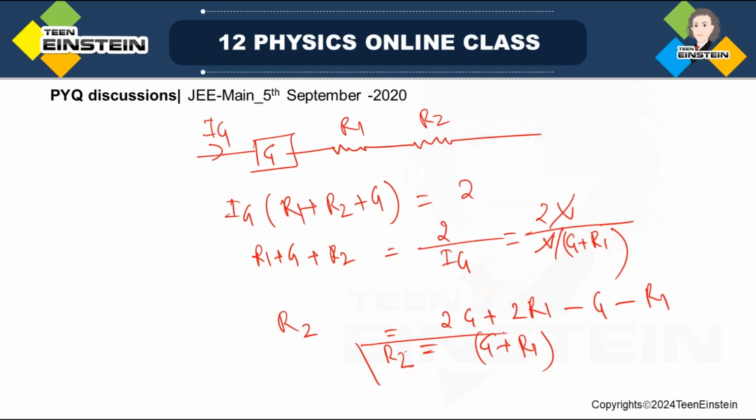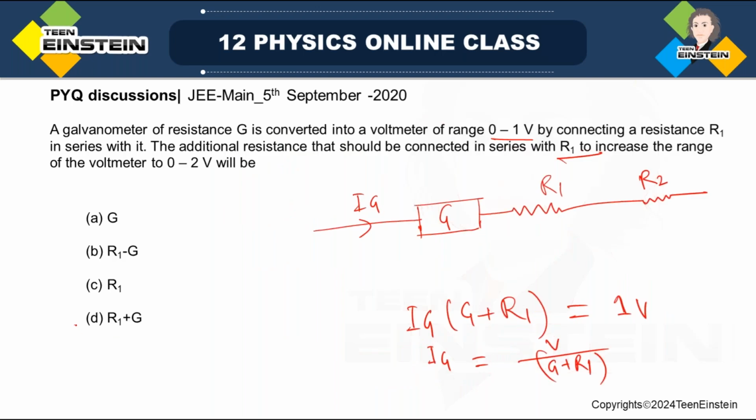That's R2. So I have to add an additional resistance, that is G plus R1, to get the range double. It was 0 to 1 volt earlier. To make it double, you have to additionally add another resistance, that is R1 plus G, in series with the galvanometer to get the 0 to 2 volt range in this converted galvanometer.